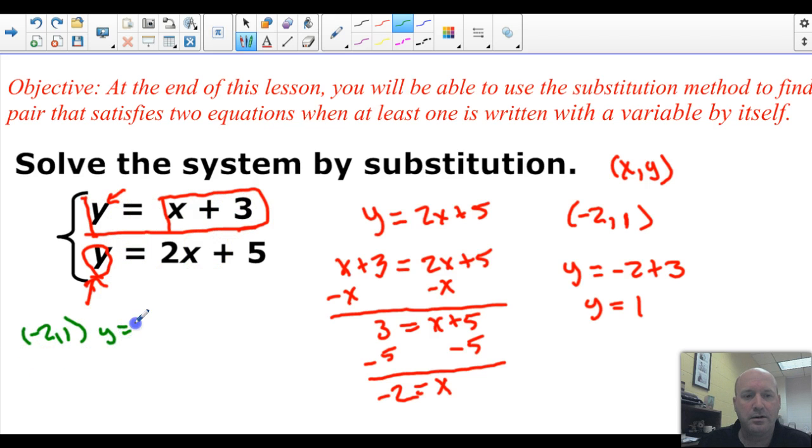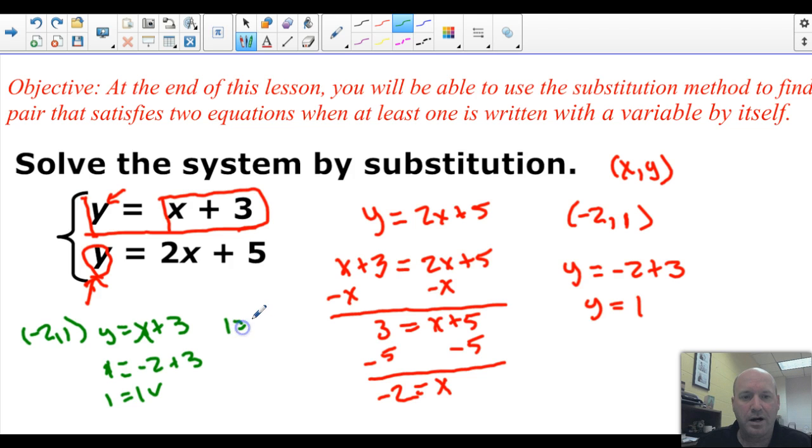So if y equals x plus 3, and I plug in 1 for y and -2 for x, I get 1 equals 1, and that's good. Now I want to try it in the second one to make sure I'm right.